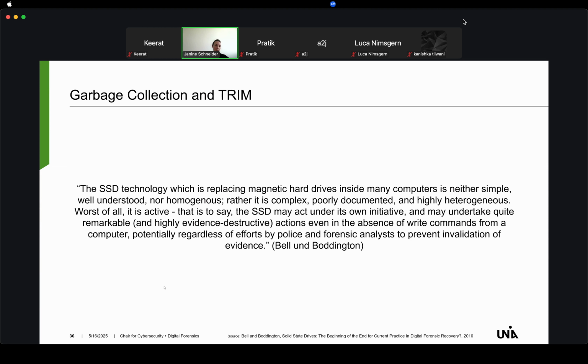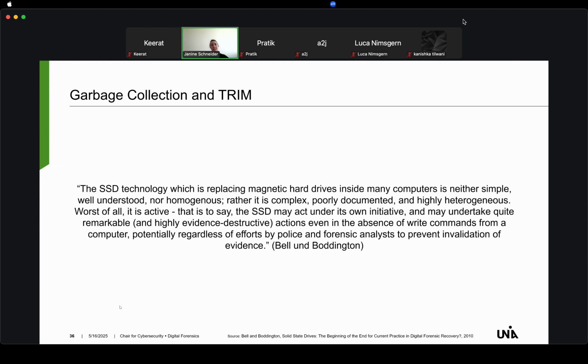They don't publish how their mechanisms work, how their algorithms work, what the controller does, and you actually need to be an electronic engineer or somebody who really deeply understands the low-level processes of an SSD to actually analyze them. And digital forensic scientists usually are computer scientists or maybe practitioners, lawyers.